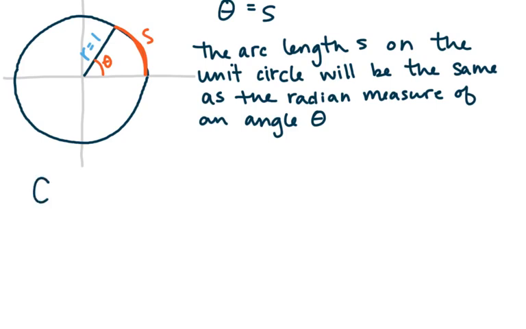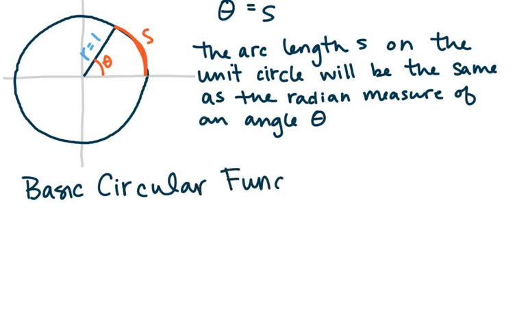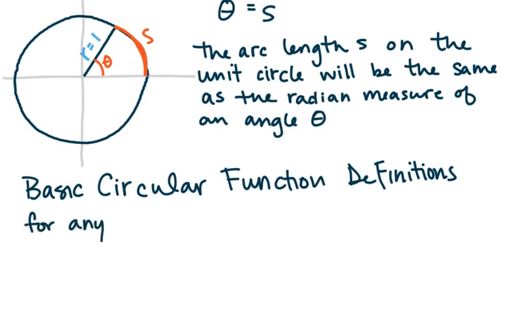What we can say here, let me write it this way, we'll say basic circular function definitions. So for any s, any real number s, which is an arc length, so s is a real number and it's an arc length.